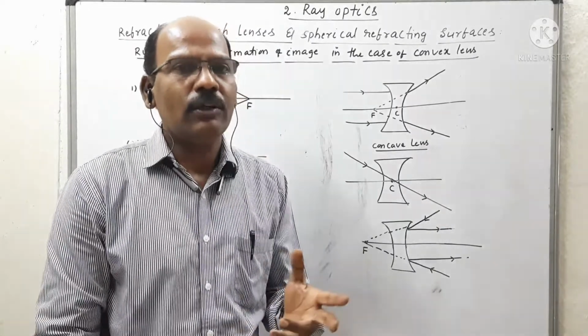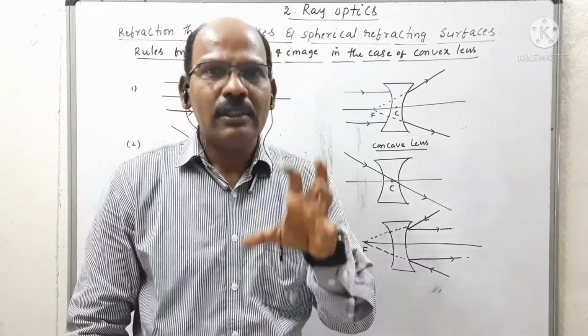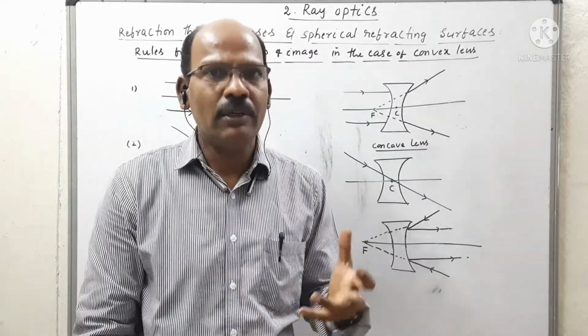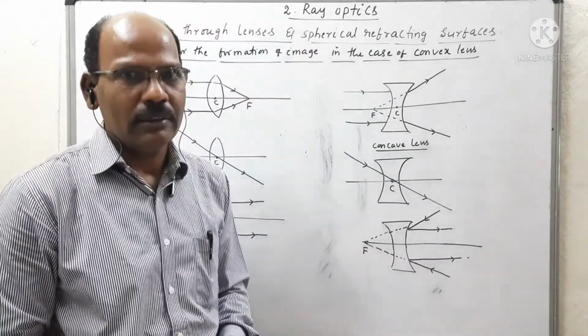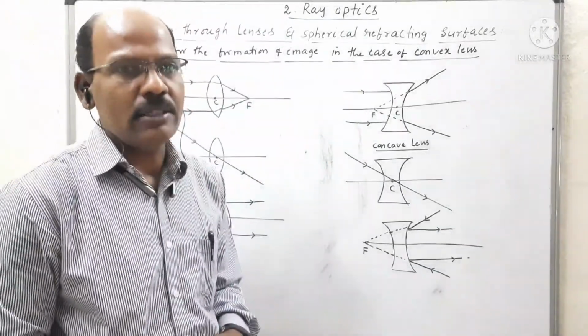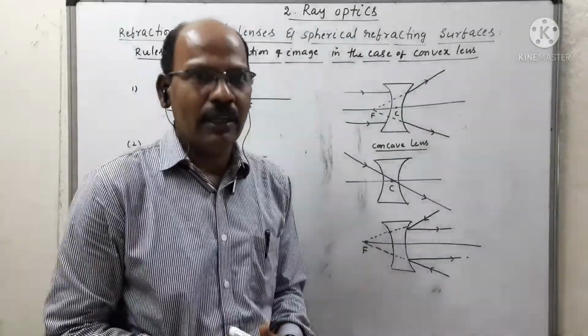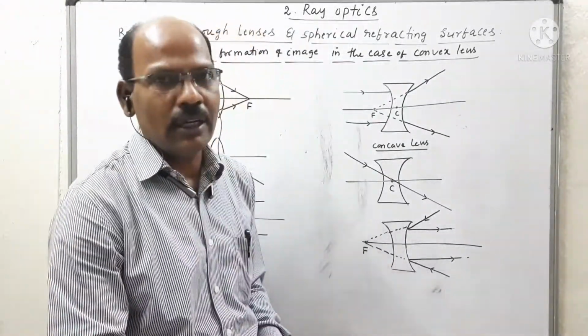Clear? So in order to form the image and observe its nature, we take two rays among the three. Let's observe the position and nature of the images formed by the convex lens and also the concave lens.